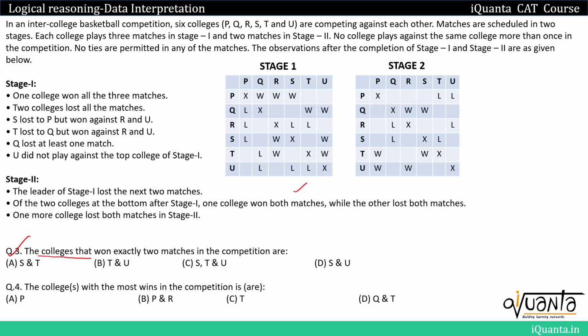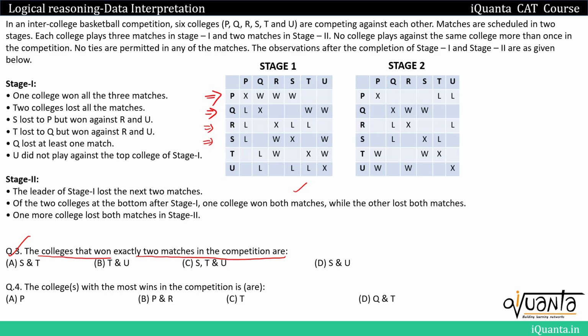Third one is the colleges that won exactly 2 matches in the competition are. So that means you have to count all the wins of a particular team. See, P, if we count its total win in both the stages, it is 3. So it will not be the team. Q won total 4 games in 2 stages. R lost all its matches in the 2 stages.